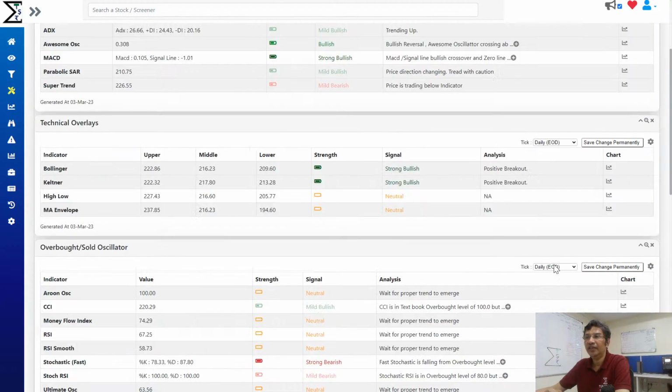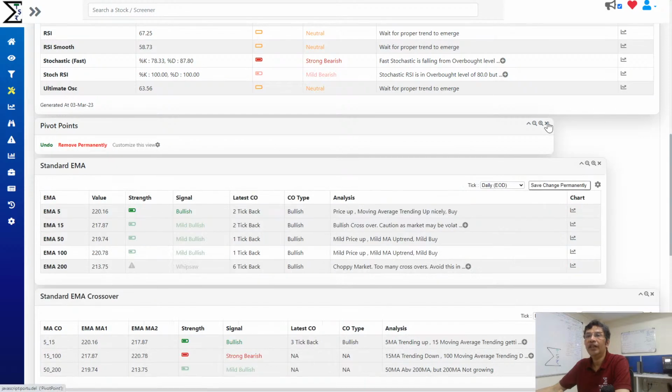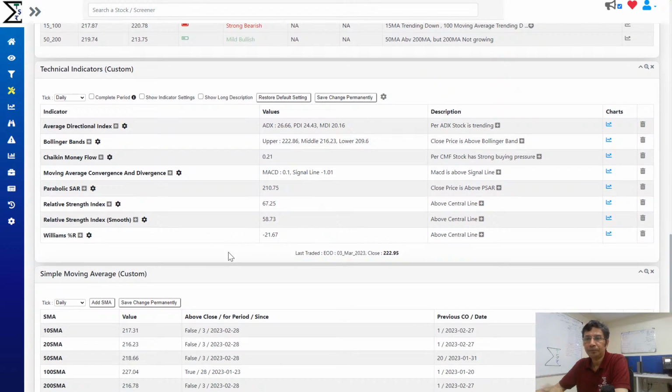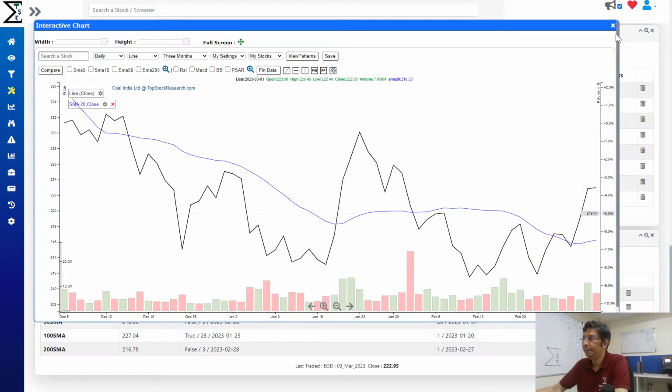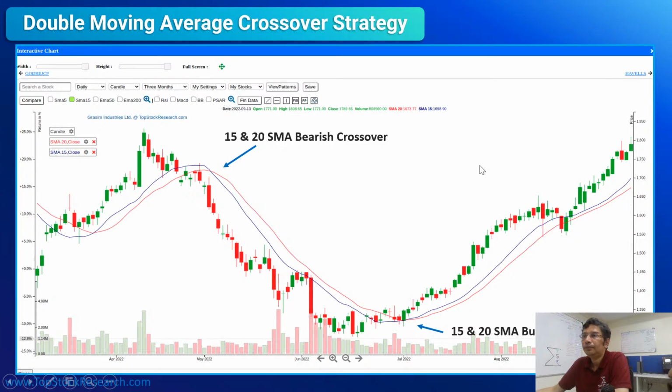Save settings, and then you'll have only those things which are okay. What you are not interested in, remove permanently. That goes away, right? So you can have complete focus on the moving average, the choice of moving average, and where it is placed and how it is placed, along with the chart. Each one you plot comes along with the moving average of your choice out here, right? So that's about stock moving average.